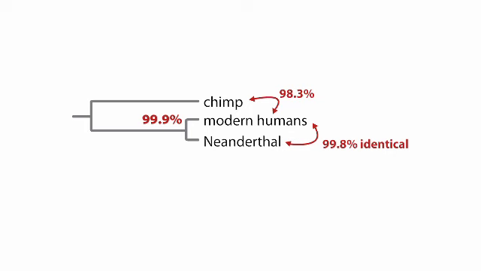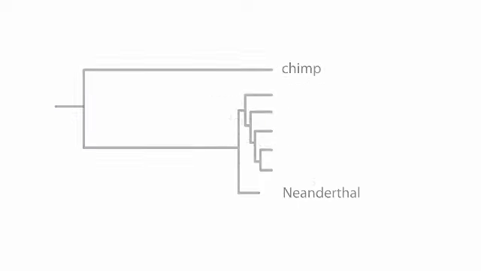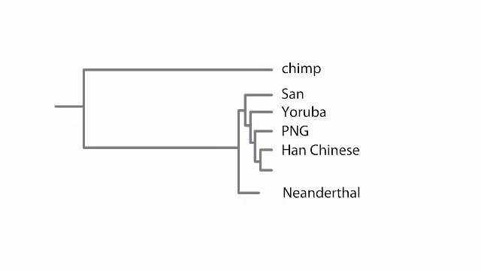To learn more about the relationship between Neanderthals and humans, the Neanderthal genome was compared to the genomes of 5 present-day humans from all over the world. One San individual from southern Africa, one Yoruba from West Africa, one Papua New Guinean, one Han Chinese, and one French from Western Europe.